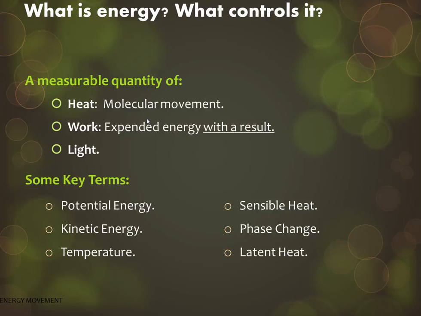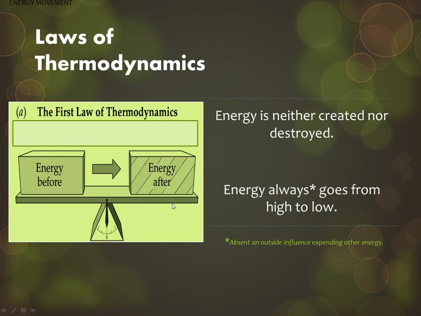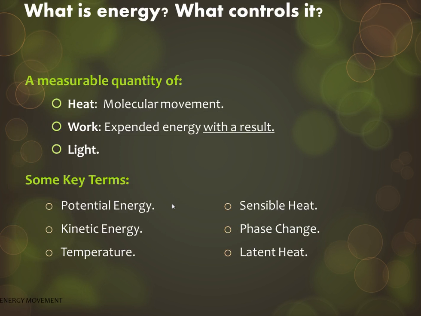Some of the key terms that you need to understand. If you want, you can pause now. You can look these up in your course book, or you can check them out later. Some of the key terms that you're going to need to understand: number one is potential energy, which is important to understand.